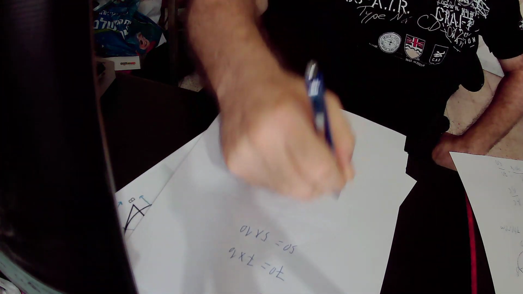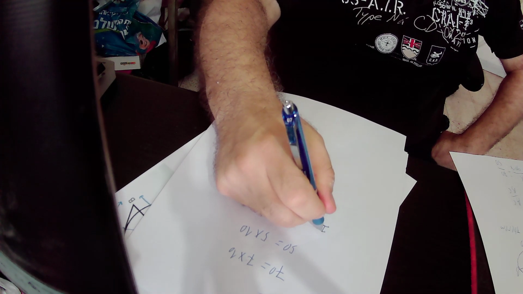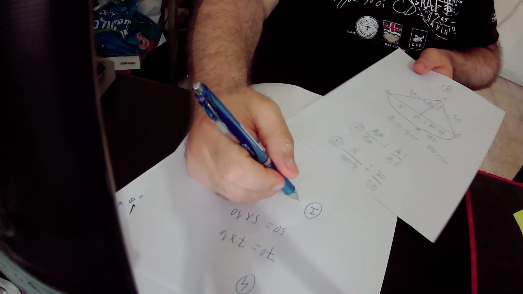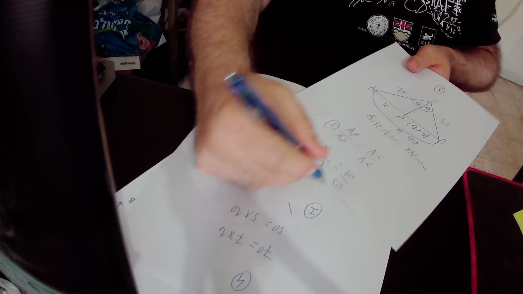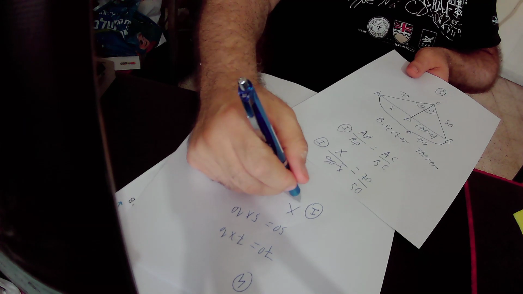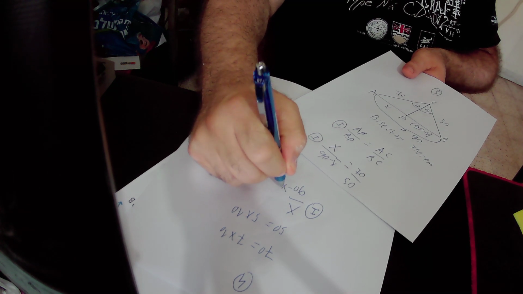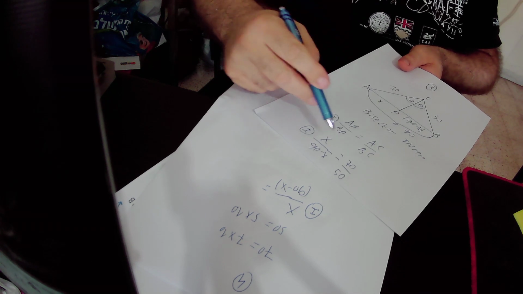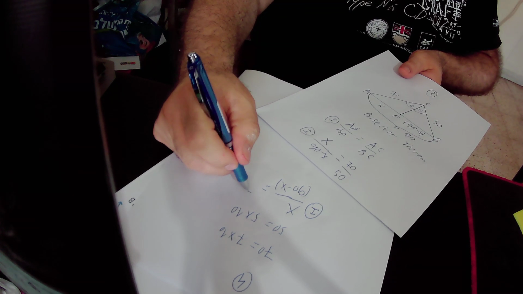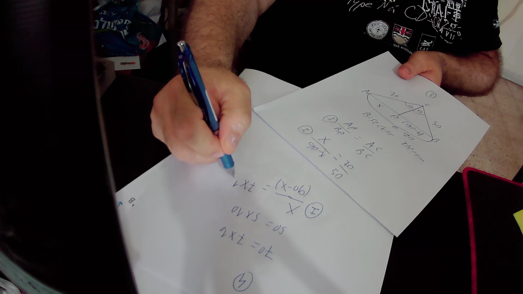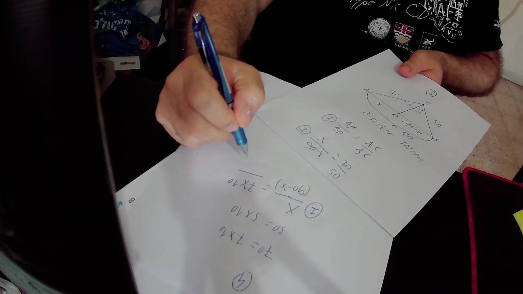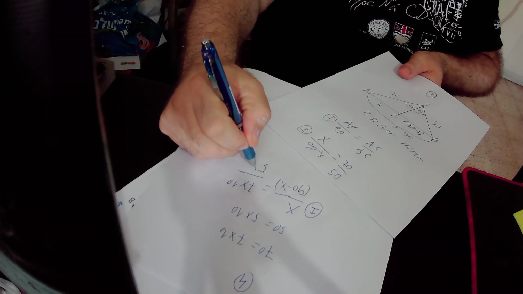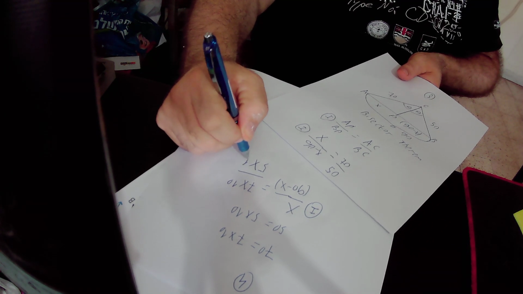So we can write in equation 1 that X over 90 minus X equals 7 times 10 over 5 times 10.